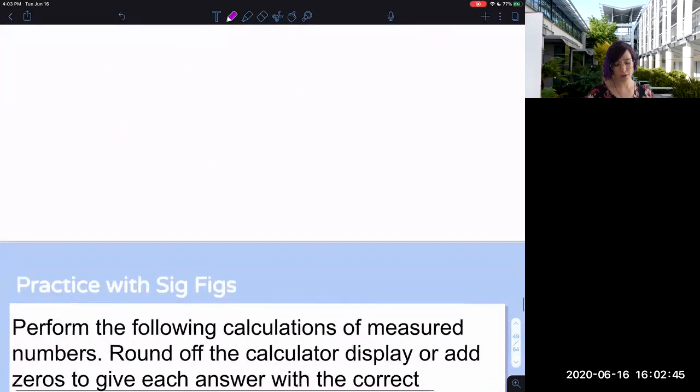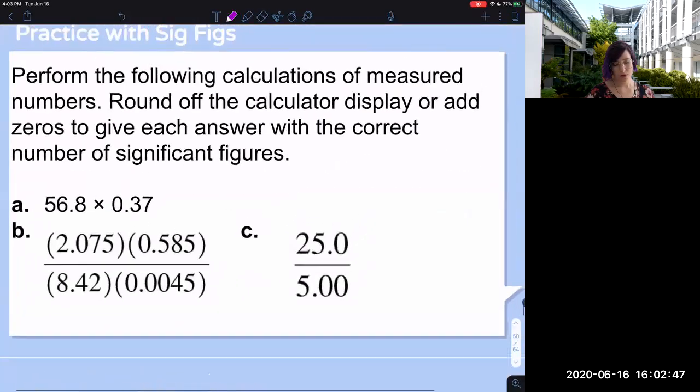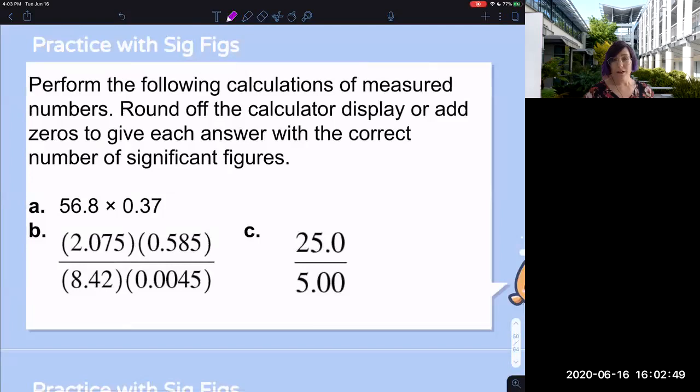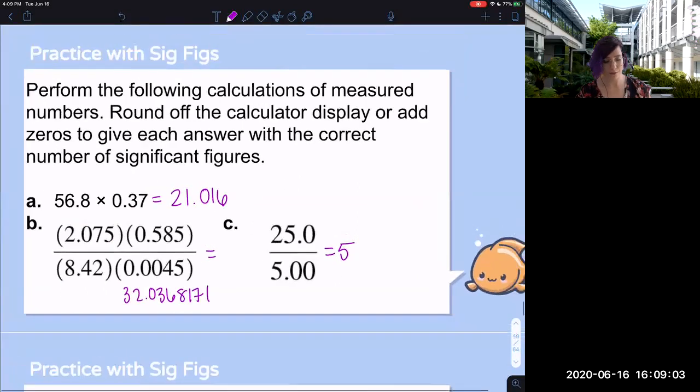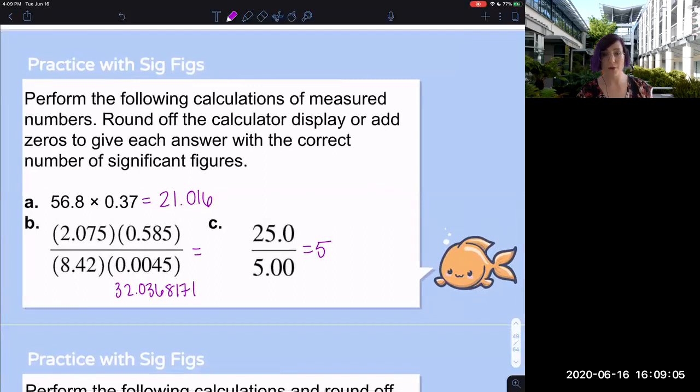So let's do a little math here. So go ahead and calculate these out. All right, so we have our answers here. So now we need to round for sig figs.